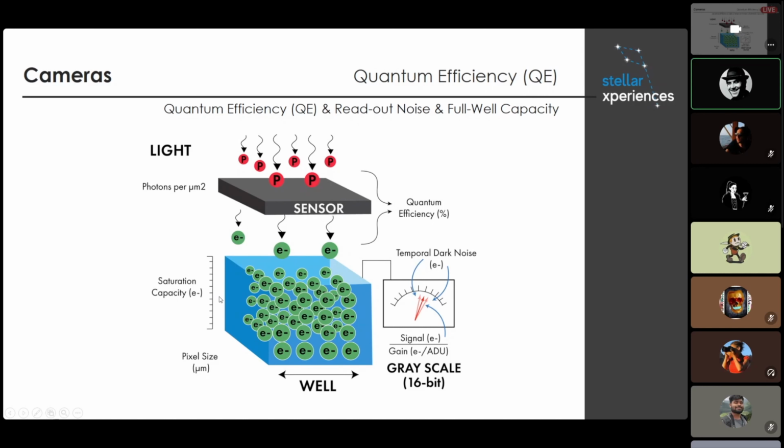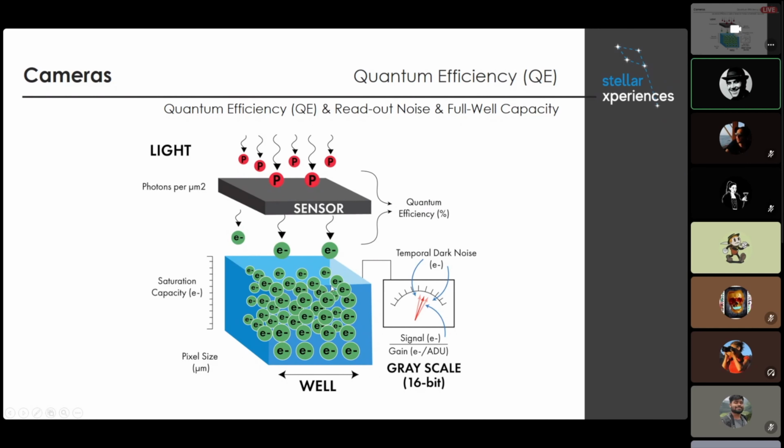This is also important for us because if you are shooting an object with really high dynamic range, that means there are lots of dark areas and also bright areas. So when you're shooting this image, the bright parts of the object will fill the sensor before the other parts of the image.